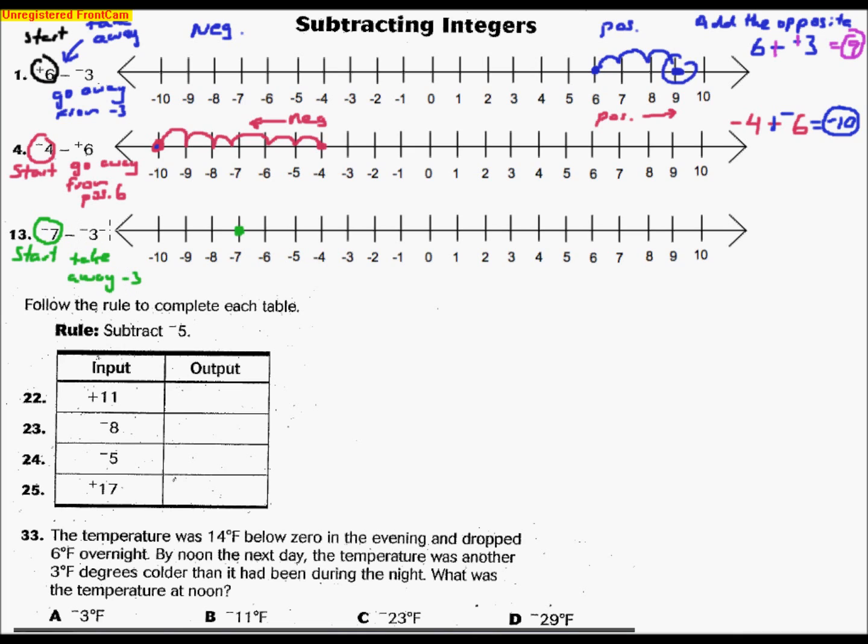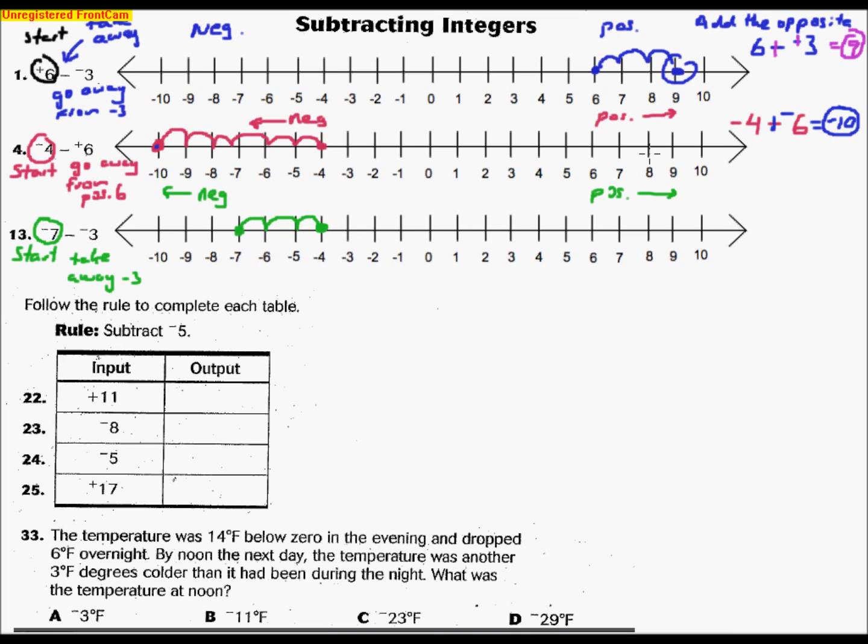That's what it means. If we're taking away negatives, this is the negative direction, this way. I'm taking away this negative direction. That means I'm actually heading in the positive direction, which is this way. So if I'm taking away negatives, I want to go in the positive direction. 1, 2, 3. And that's where I end up, -4.